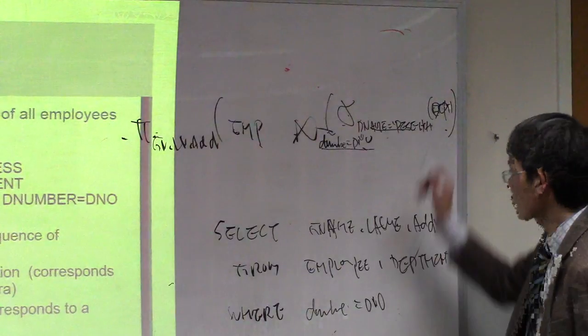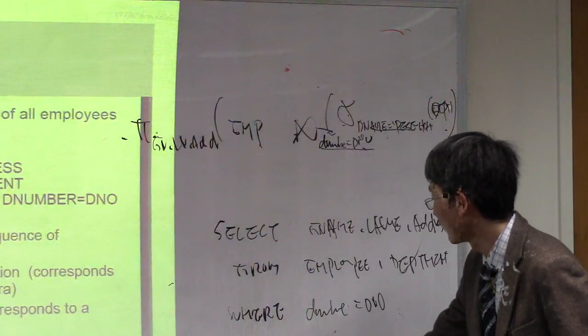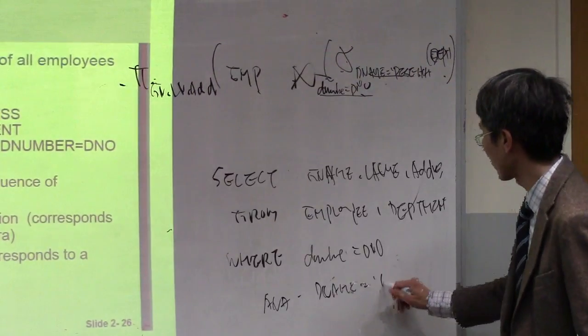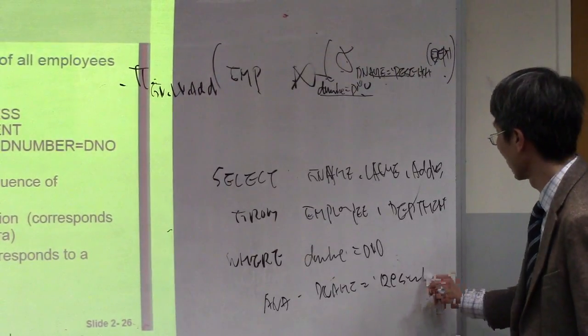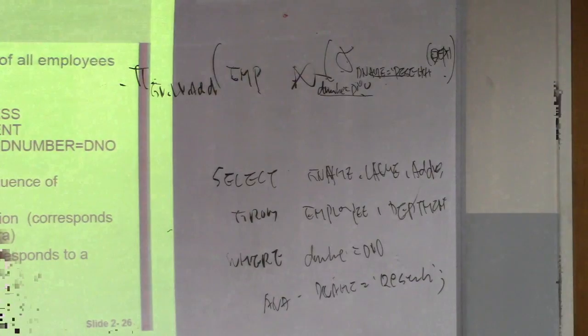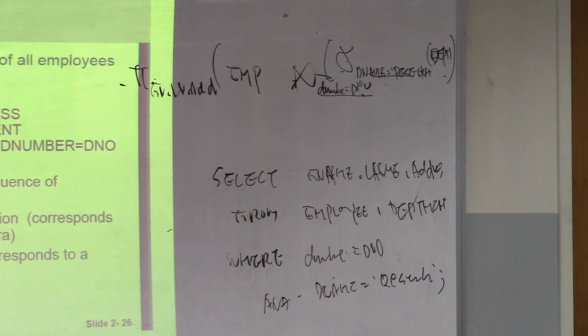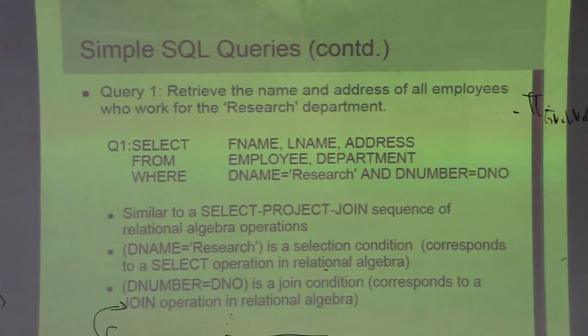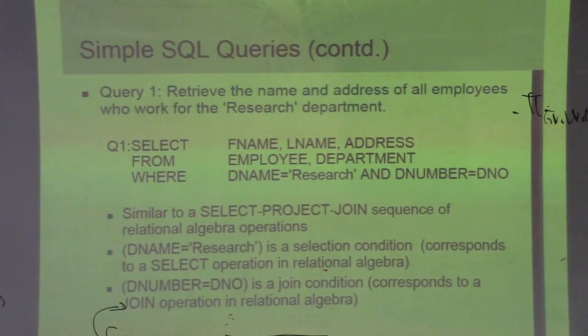Then this condition goes to D name is research. It's nothing but changing from relational algebra to SQL by following a simple rule. So that is a simple query that you can test during the exercise lab.